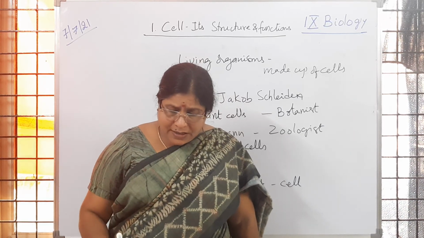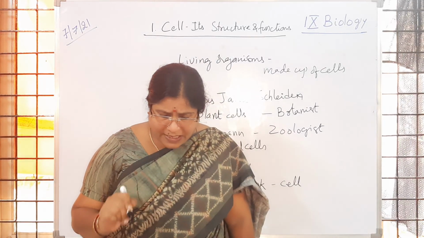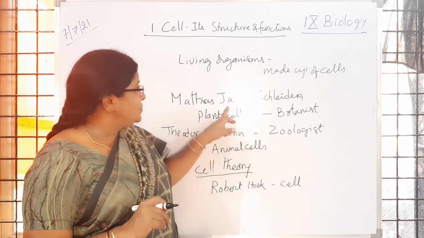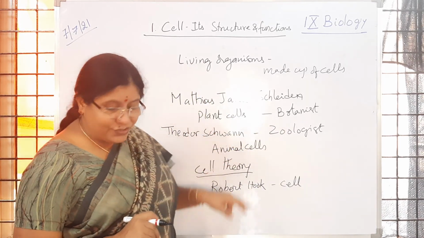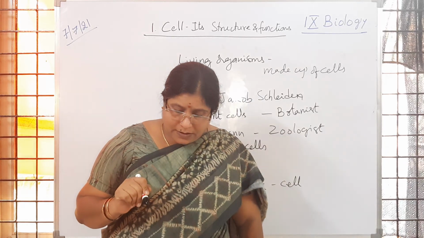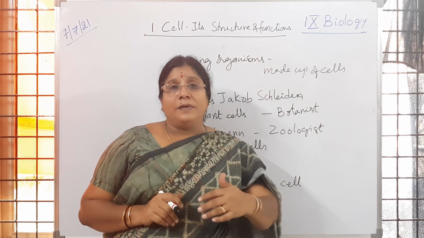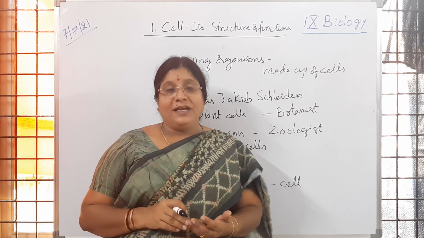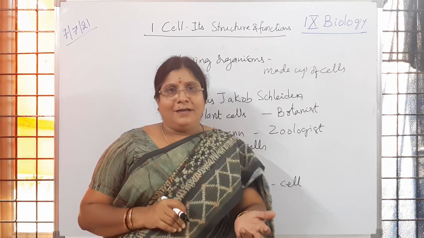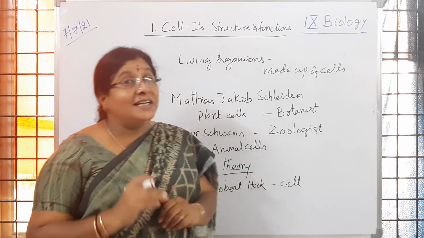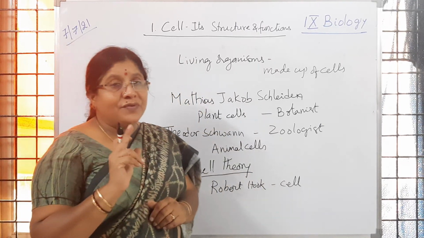Next, the theory which was given by these two scientists, Schleiden and Schwann, however, could not explain how the process of cell division is going to happen. Have you followed what I said?